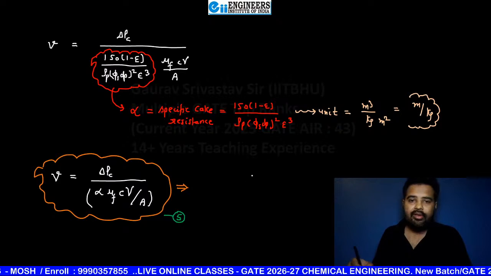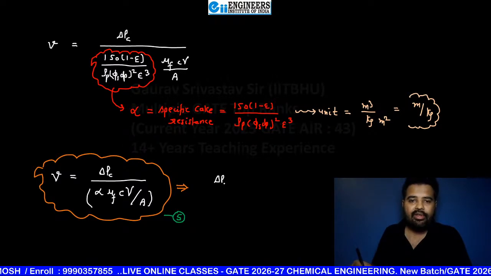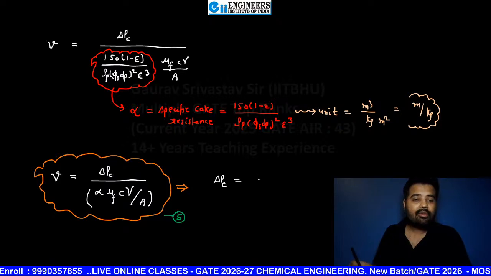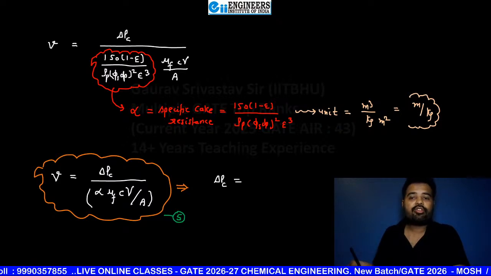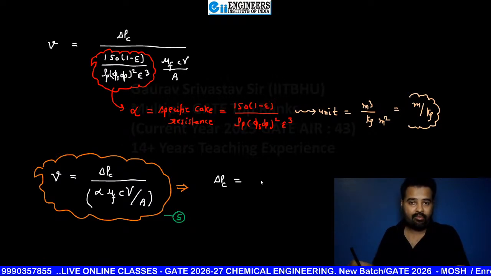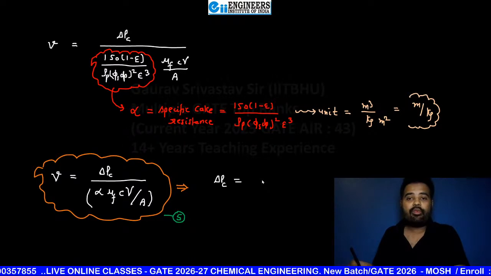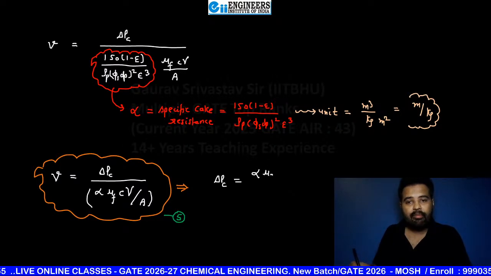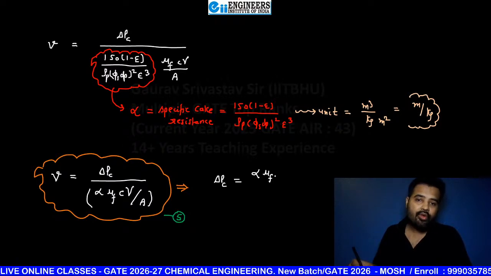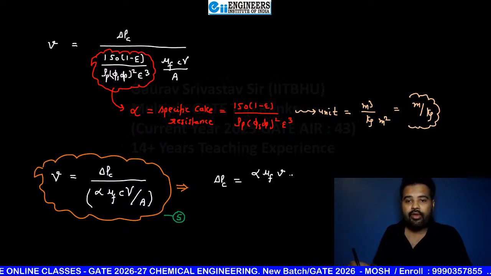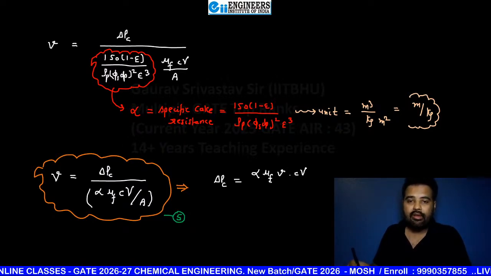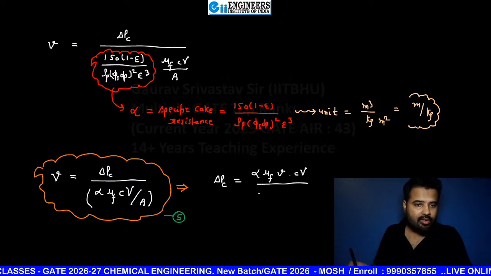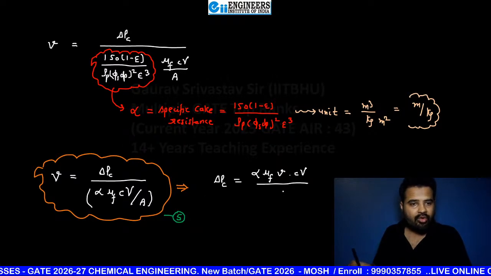you can write the equation for delta PC only. So what is delta PC here? You can cross multiply and you will get one more beautiful equation. So alpha mu V into Cv upon A will also be there.